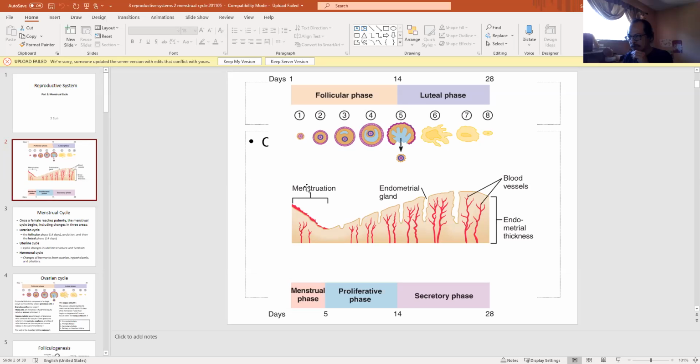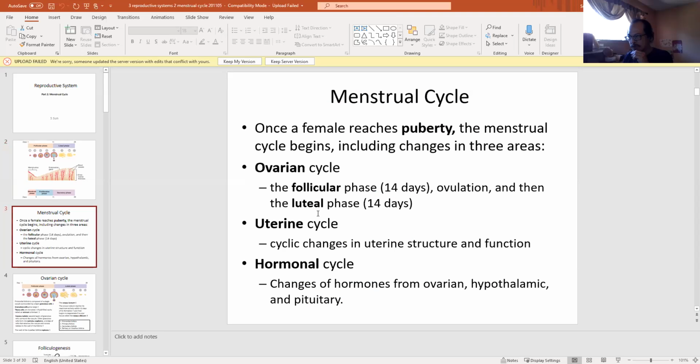In the uterus we have the menstruation, proliferation, and the secretory phases, corresponding to the different phases happening in the thinning endometrium. So that's the ovary cycle and the uterus cycle. Along with these two, we also have the change with the hormone. So we will go through this.